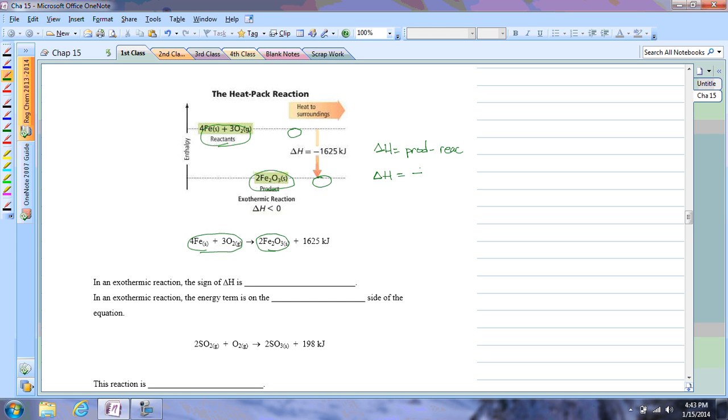It will be negative. In an equation, we show an exothermic reaction with the energy term to the right of an arrow. So in an exothermic reaction, the sign for delta H is negative, and the energy term is on the right side of an equation.